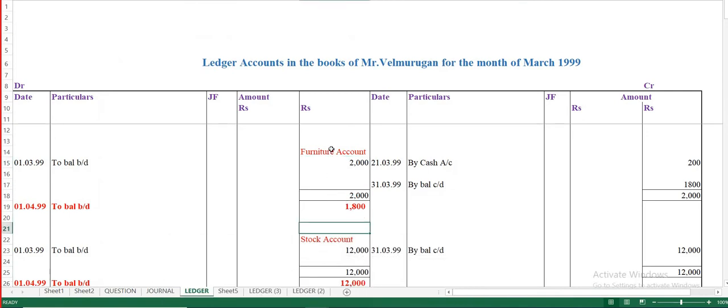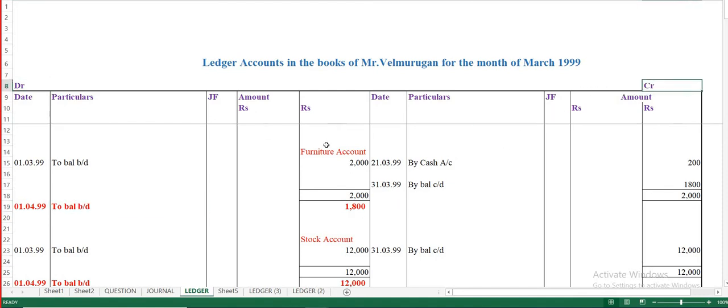Okay, so first account I prepared in the last session in the ledger accounts is the furniture account. The furniture account has on the debit side 1800. Furniture account is an asset actually, and it has a balance on the debit side. If you see, the left hand side is the debit side and the right hand side is the credit side.